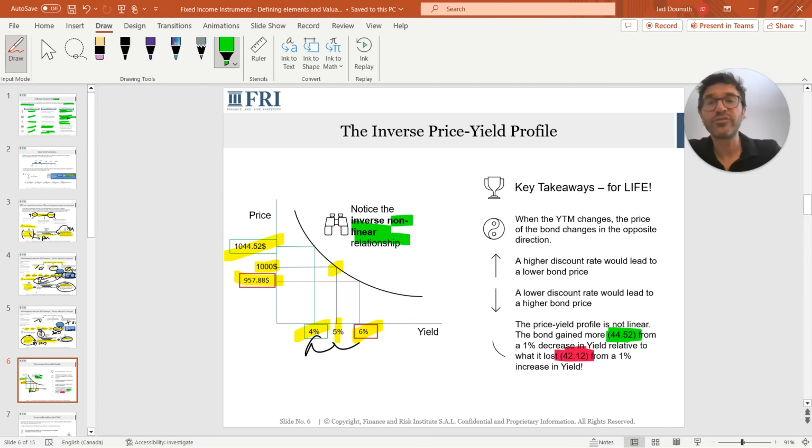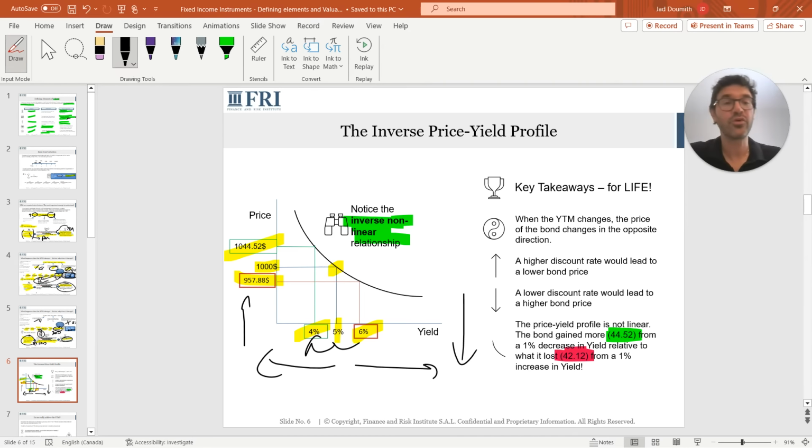Also, please notice the inverse relationship, which by now should be something that is completely basic for you guys. It's an inverse relationship because when the yield goes up, the price goes down. And when the yield goes down, the price goes up.